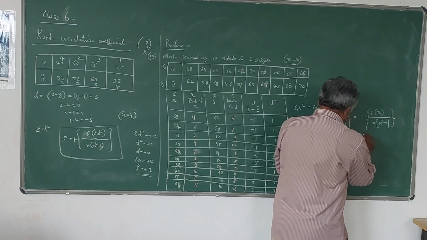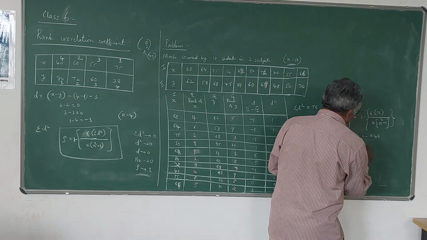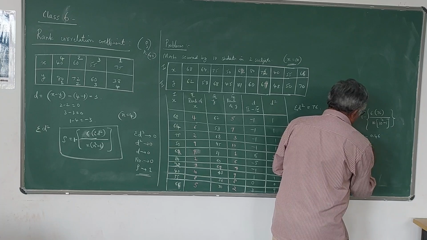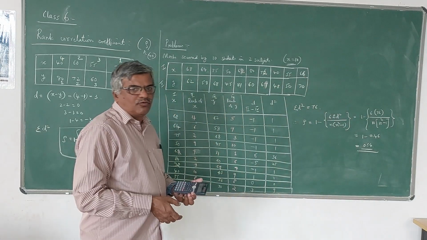So it is 1 minus 0.46. Therefore the rank correlation coefficient value is 0.54.